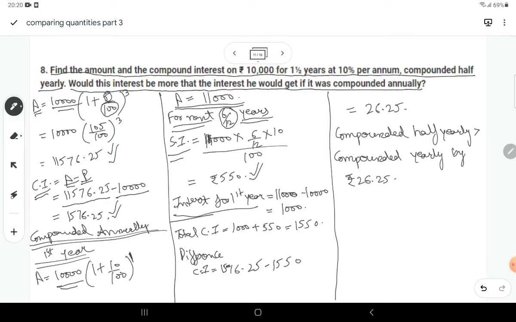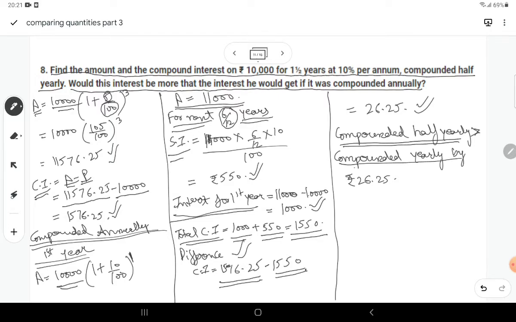So interest for first year would be 11,000 minus 10,000, which is 1,000, and total compound interest would be 1,000 plus 550, which is equal to 1550, and difference comes out to be equal to 1576.25 minus 1550, which is 26.25. So compounded half yearly value is greater than compounded yearly value by rupees 26.25.